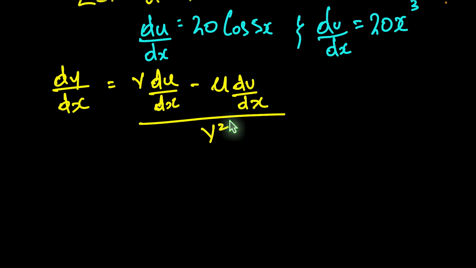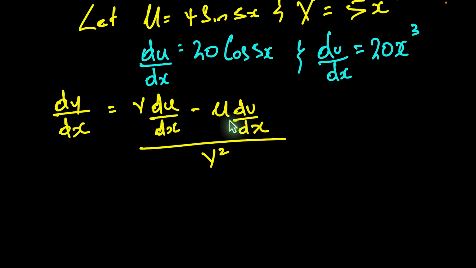So from our previously worked question, the first term we have is v, and our v turned out to be 5x to the power of 4. So that's our v term there.